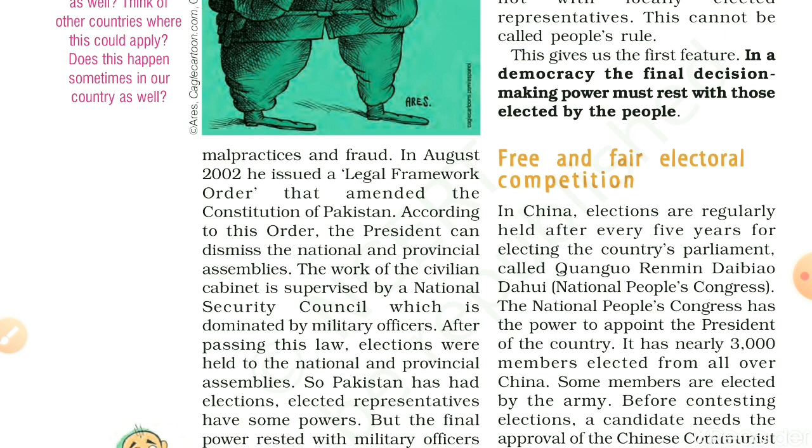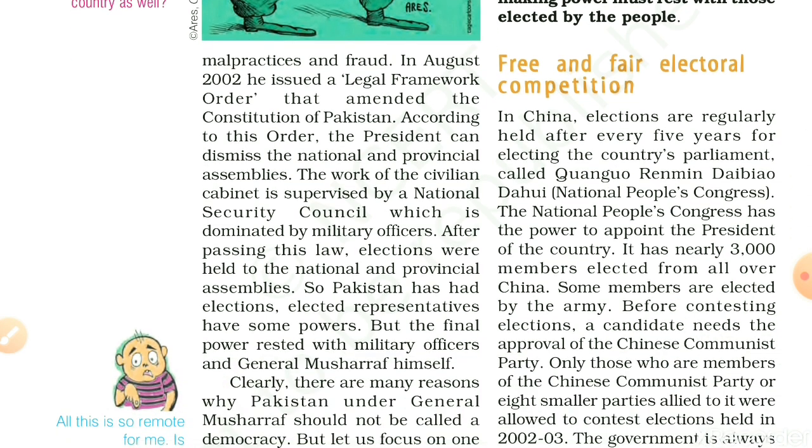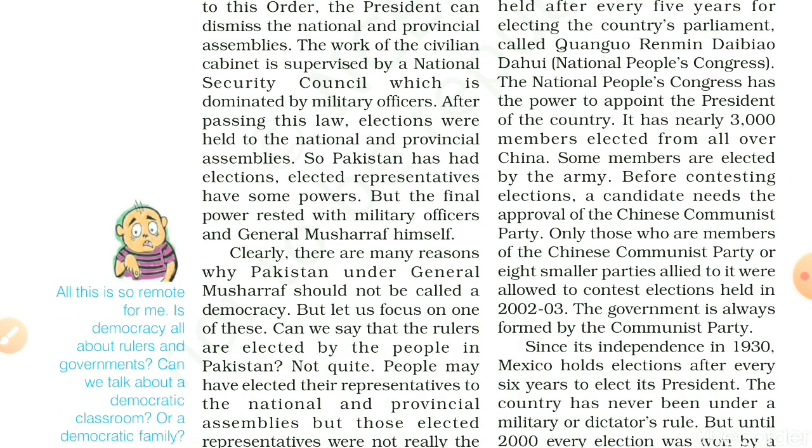Further, the work of the civilian cabinet is supervised by a National Security Council, which is dominated by military officers. So there is a drawback, because army officers are not elected by common people. So we can say clearly there are many reasons why Pakistan under General Musharraf should not be called a democracy.